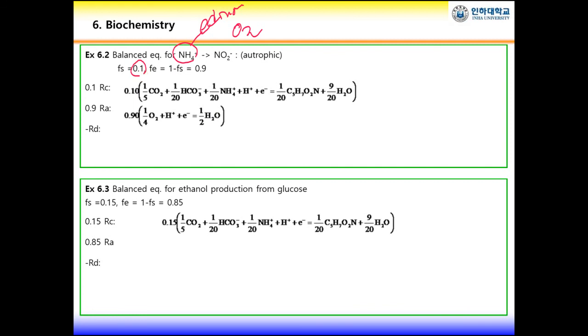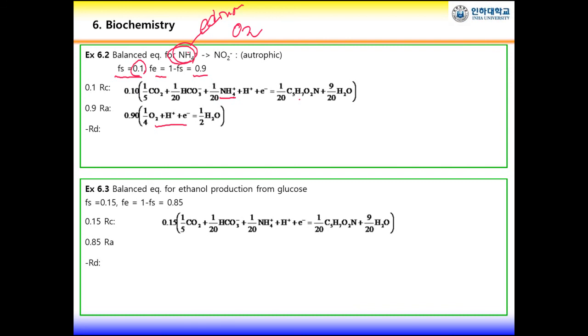We need just one of them. So if Fs is 0.1, then Fe could be 0.9. We use the half reaction for the cell, assuming that ammonia is used for cell synthesis. That's natural because there's a lot of ammonia in the liquid. And this is the electron acceptor reaction. And what is the electron donor? The donor is ammonia.